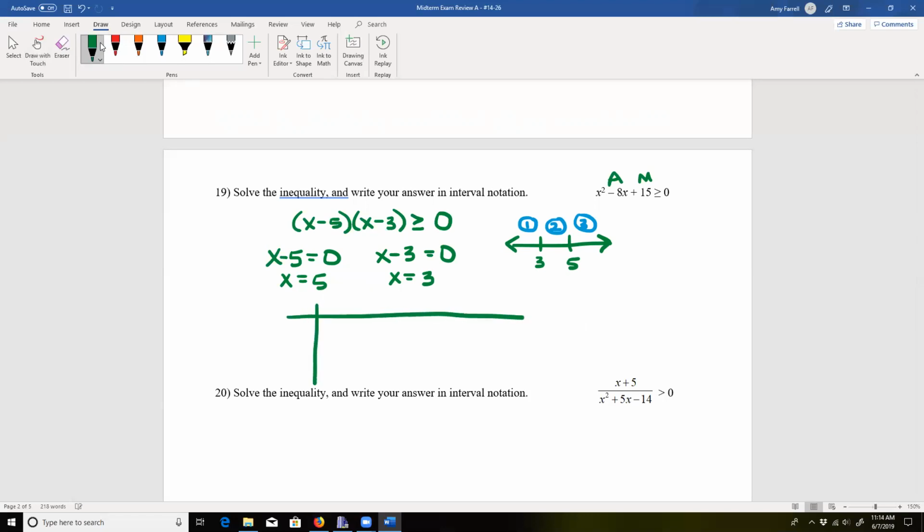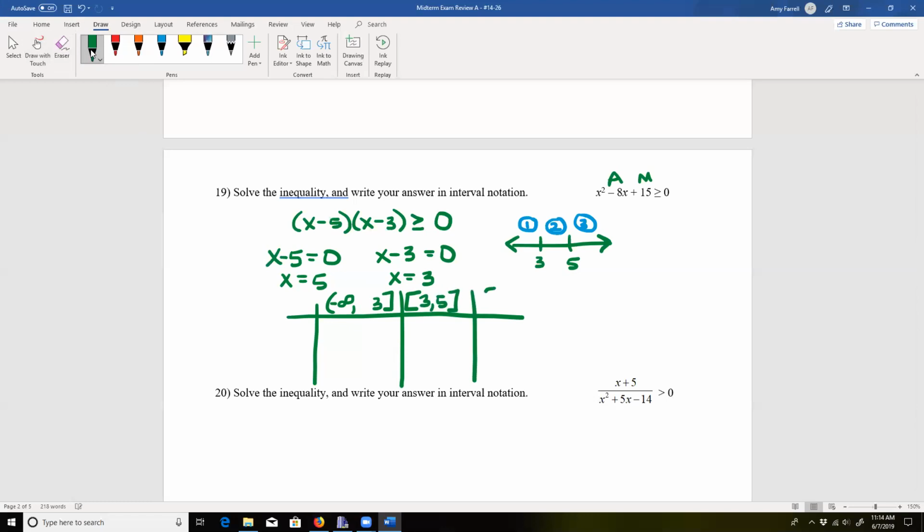At the top of my chart, my first interval is negative infinity to negative 3. I'm going to use a bracket by the negative 3 because my inequality symbol is a greater than or equal to. Oh, sorry, I don't know why I put negative 3. How about positive 3? Sorry about that. Positive 3. Okay, then my second interval will be from 3 to 5.